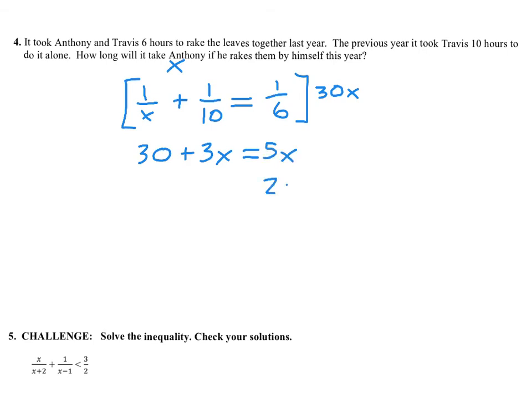So we get 2x equals 30. So x equals 15. So by himself, Anthony will take 15 hours.